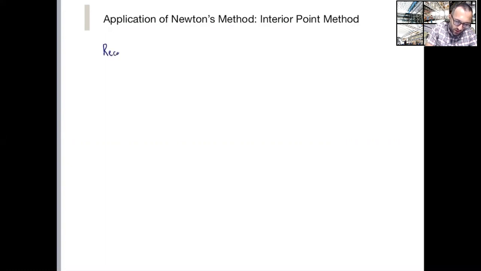Let's recall that one of the main selling points of Newton's method is the speed.